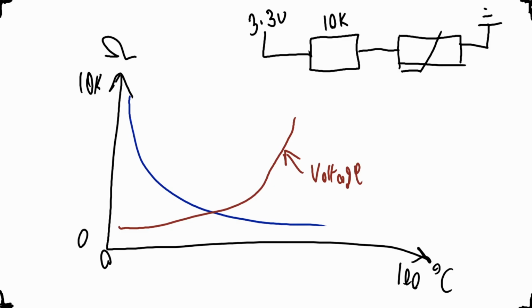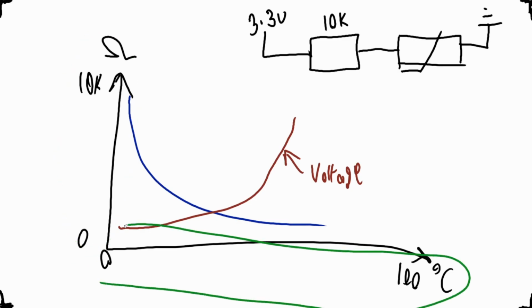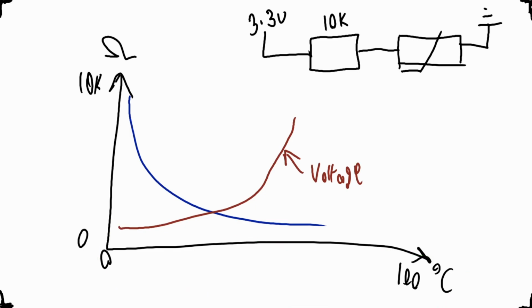Okay, so why is that important? Well, if the Arduino is measuring the voltage, then to an extent we're measuring the y-axis. However, we also need to know what the x-axis is. We need to know what the actual temperature is to make any meaning out of what the voltage on the resistor is, or what the resistance of the thermistor is.